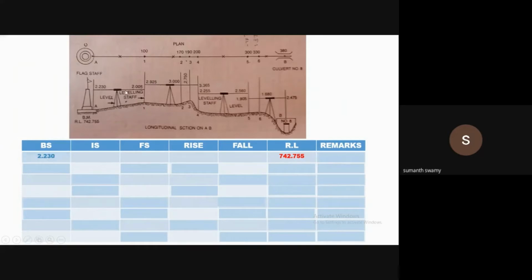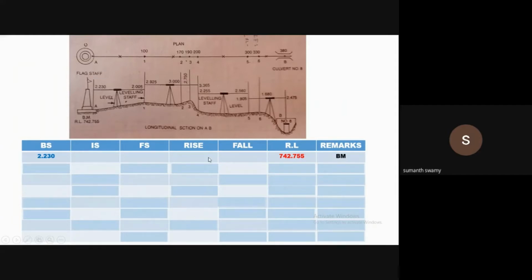Once the backsight has been taken, its reading is 2.230. It is entered in the backsight column on the same line where you have entered the RL of the benchmark. Later, in the remarks, all the points where you are taking readings should be entered so that they are easy to identify and understand once you finish the survey.